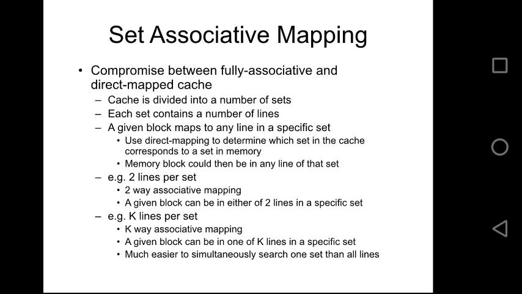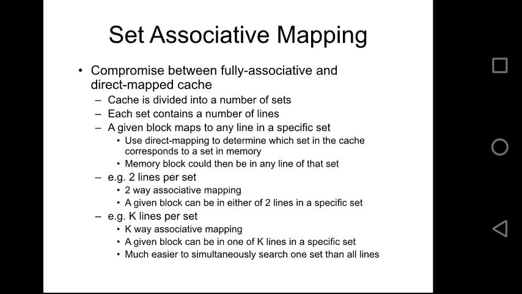The disadvantage with fully associative mapping is that you need some extra hardware and you need extra time. In fully associative mapping, we need extra hardware and it may consume some time, whereas direct mapping is simple. But the problem with direct mapping is that there can be thrashing.